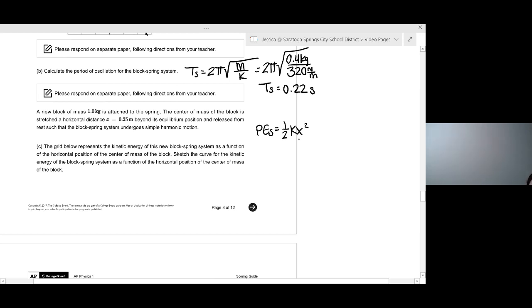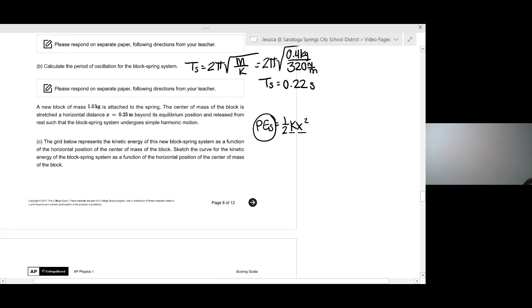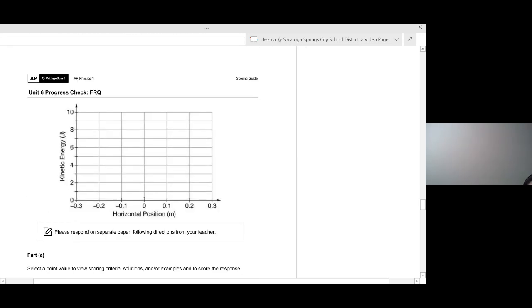Since x and k are still the same, that means I still am going to reach a maximum energy of 10 joules. Okay, so that maximum kinetic energy of 10 joules is going to happen right at 0. At the amplitudes of 0.25, remember the object is momentarily at rest. So that means there is 0 kinetic energy.